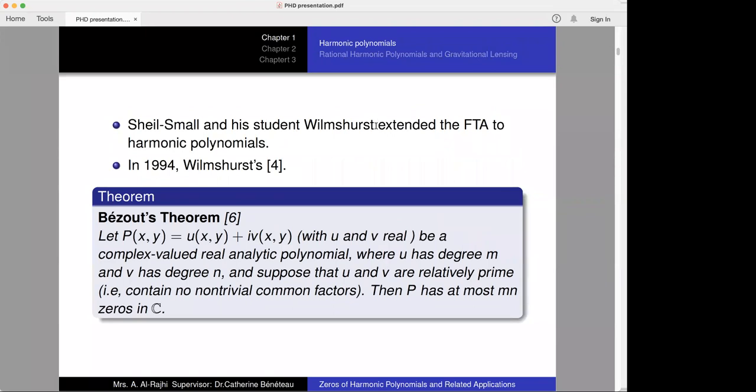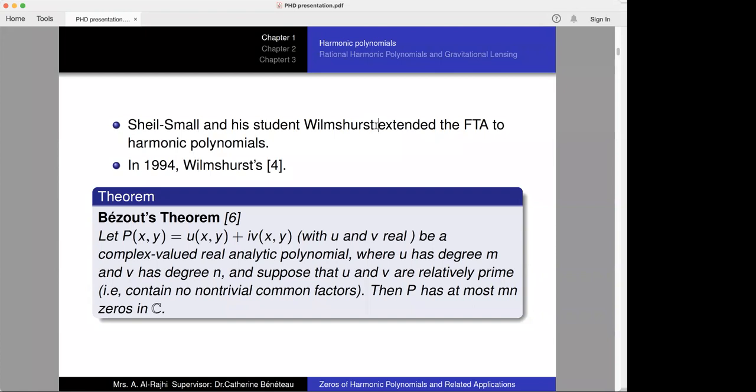T. Shell, with his student, kept studying the maximum number of zeros for harmonic polynomials, and they conjectured that it will have at most n squared zeros. In 1994, Schwarz proved that any harmonic polynomial could have at most n squared zeros by using Beneteau's theorem.